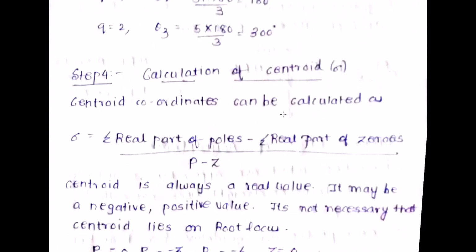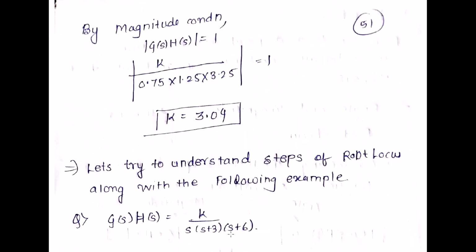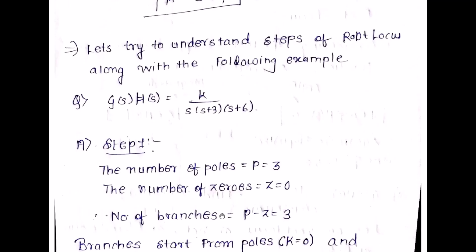Next, I have the calculation of centroid. So what is centroid? Centroid is given as sigma, summation of real part of poles minus summation of real part of zeros, upon p minus z. Now what is the real part of my poles? If I consider G(s)H(s), I have 0, minus 3, minus 6.